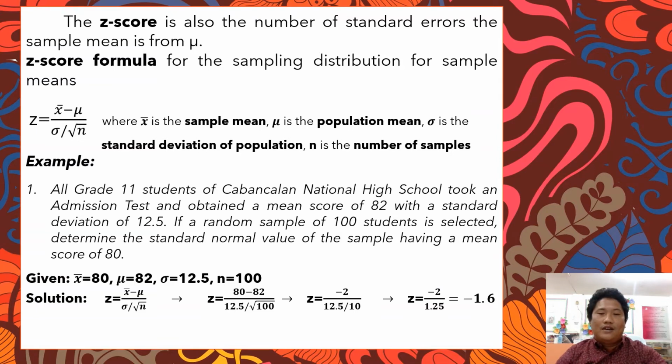Then we have negative 2 over 1.25, because 12.5 divided by 10 is 1.25. So negative 2 divided by 1.25, the answer is negative 1.6. Thus, the sample mean 80 corresponds to the standard value z, which is equal to negative 1.6.